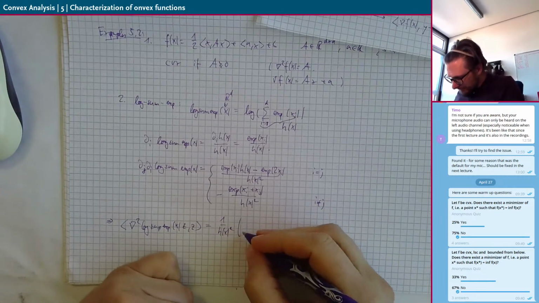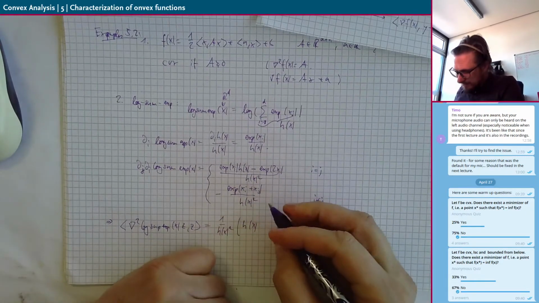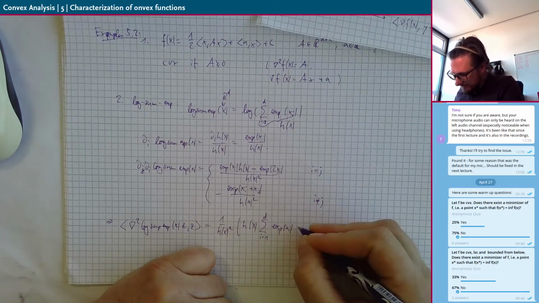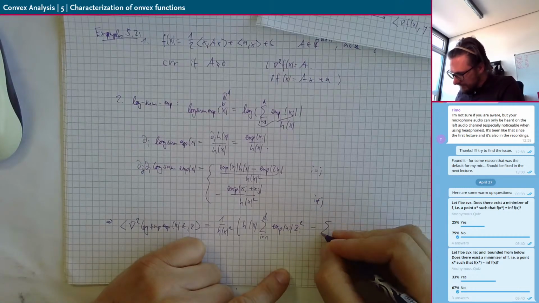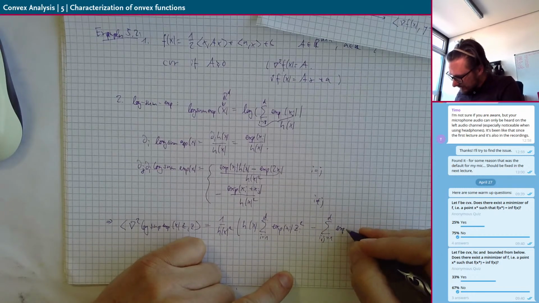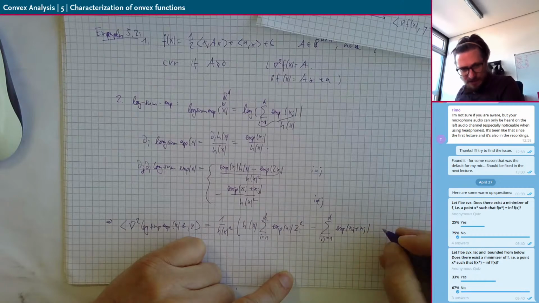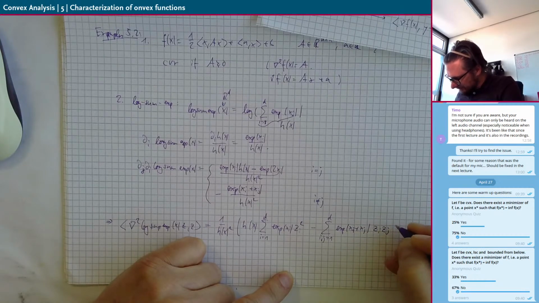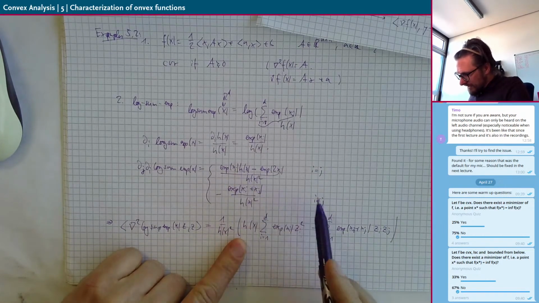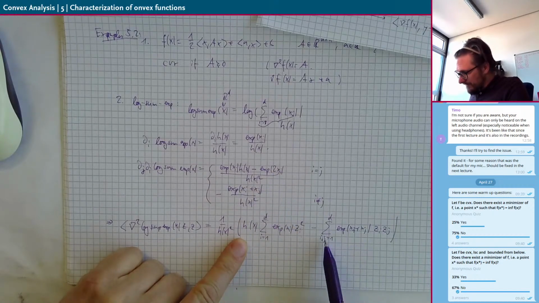If we do that carefully enough, we get h of x times the sum over i from 1 to d of exp of xi times zi squared, minus a double sum over all i and j from 1 to d of exp of xi plus xj times zi zj. This term comes from this expression, and these two expressions give this one. Notice that I did not exclude i equals j in that sum. For the terms i equals j, we have exp 2xi here, and these come from here.